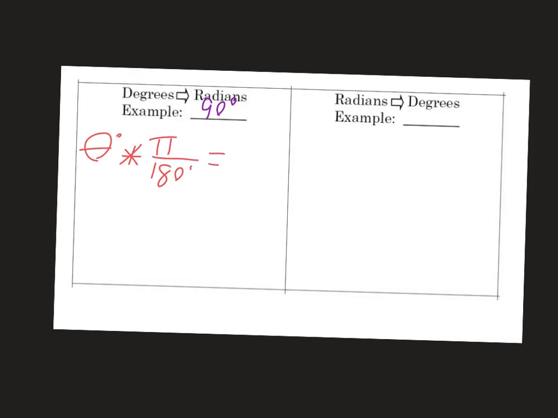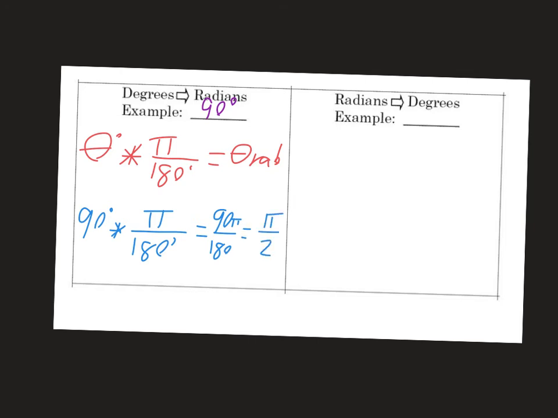That will give me my new theta measurement in radians. So 90 degrees times pi over 180 degrees would end up giving us 90 pi over 180, which simplifies to pi over 2.